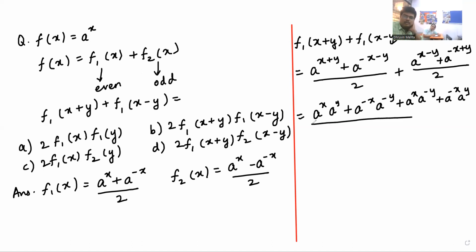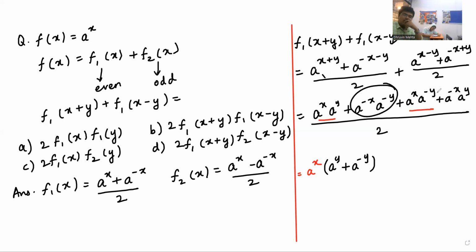Are you following this? We'll have to work smartly with common factors here. See, the first term and third term, what is common? A raised to x. And what will we get in the bracket? A raised to y plus a raised to minus y.